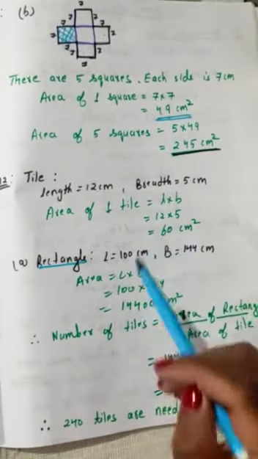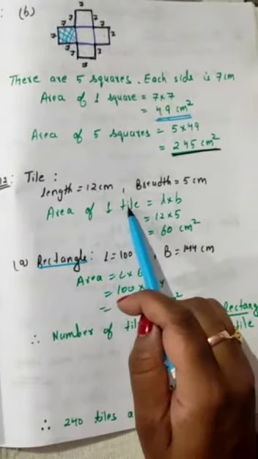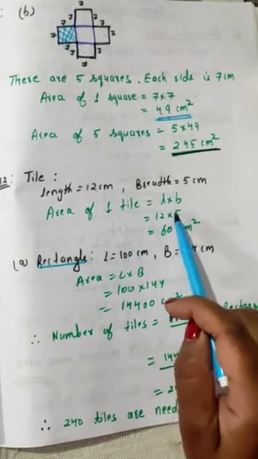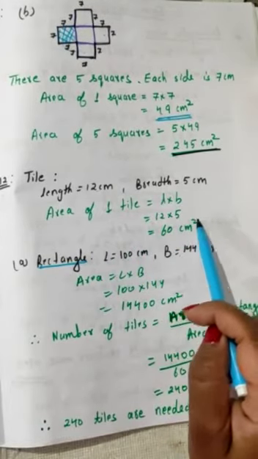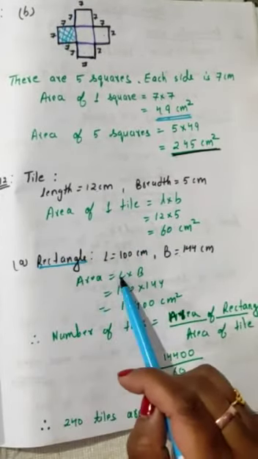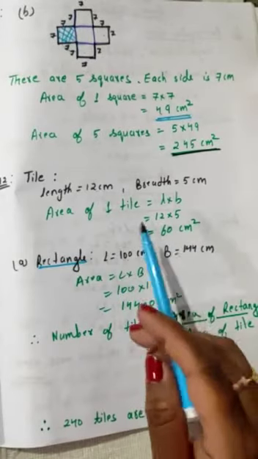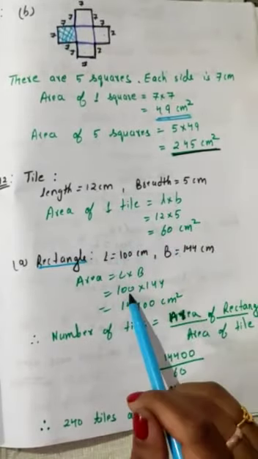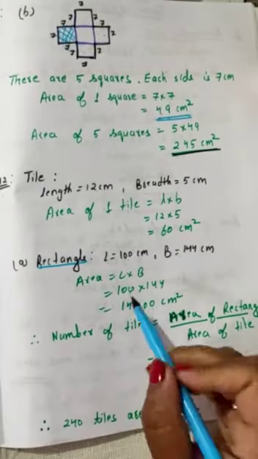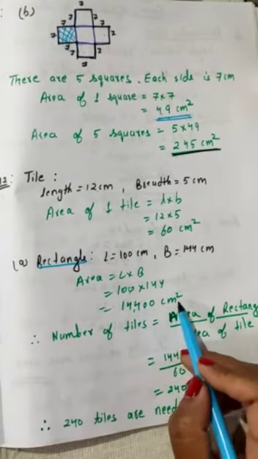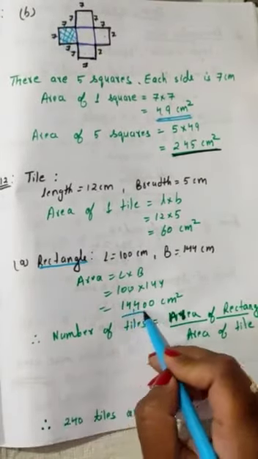First of all, you will calculate area of both. Area of one tile is L into B, which is 12 into 5, 60 centimeter square. And area of the floor is capital L, I'm writing so that it will be different for both. So 100 into 144. So this is 14,400 centimeters square. Okay. So these two areas you have got.